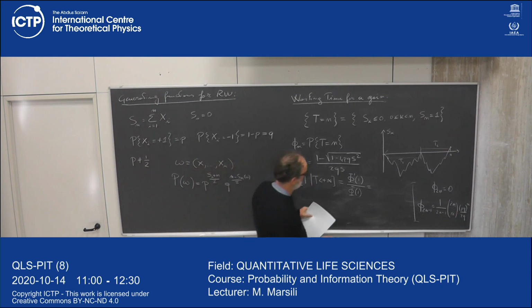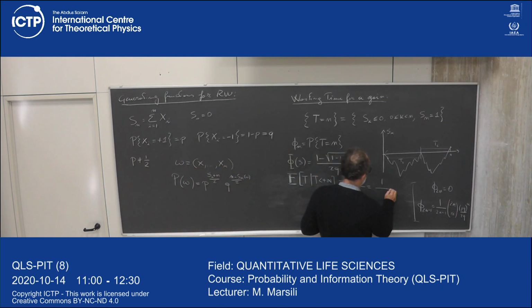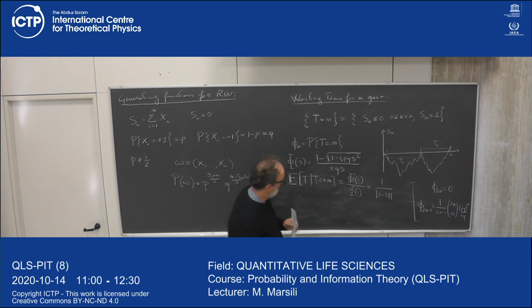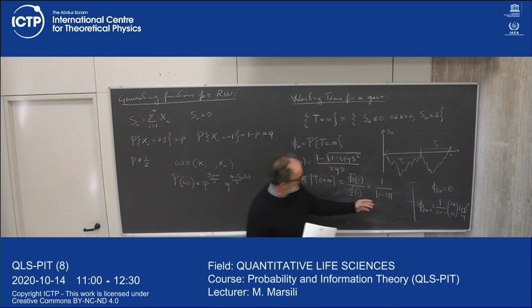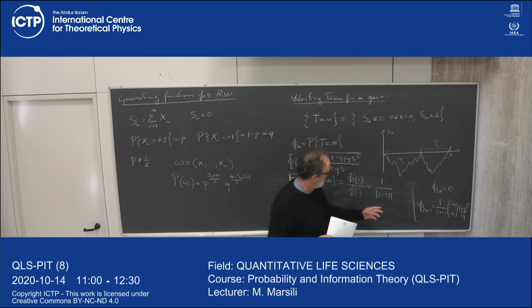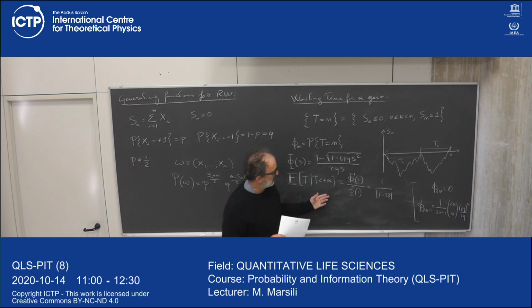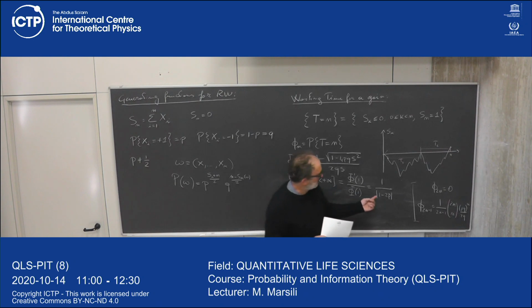Okay, so if you do this calculation, which is very easy, what you find is that this is 1 divided by 1 minus 2p. So what you see from this is that if p is not equal to 1/2, and if you are going to gain sooner or later, then it's going to happen in a finite number of games, which is 1 divided by 1 minus 2p.